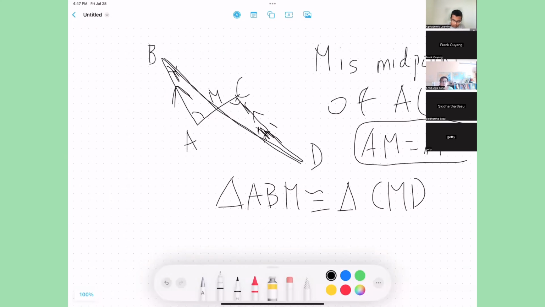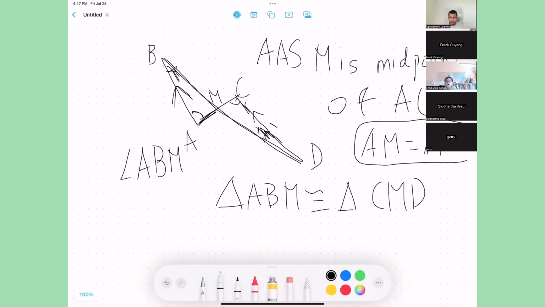So you have this angle and this angle, and you also have the fact that side AM is opposite to angle ABM, and since angle ABM is equal to angle CDM, and AM is equal to MC, you automatically just use AAS.